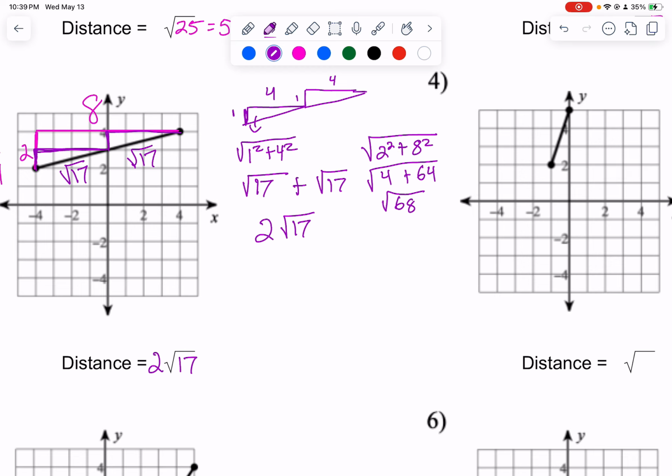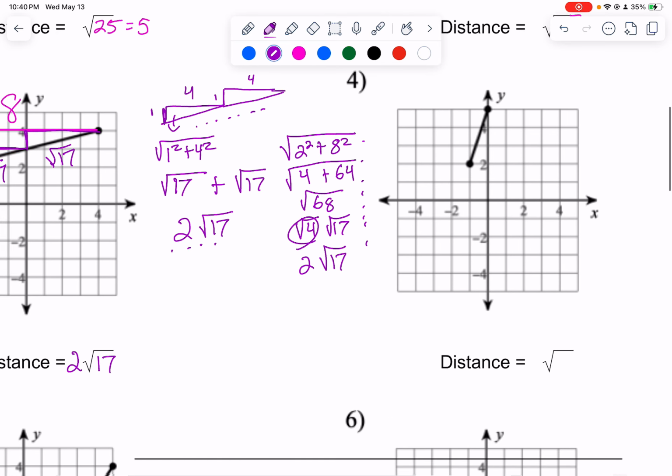And then 68 is the same as 4 times 17, which is, I could simplify a square root of 4 as 2 square root of 17. This, to me, is harder because it requires a lot of numerical mental math, finding factors that have to be squares that could simplify. Instead, I'm going to see if I can find simple slope steps and then see how many of those simple slope steps I would use.